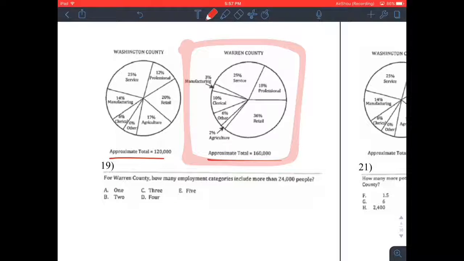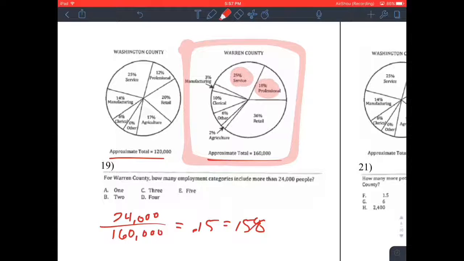We got all these percentages, so what we should probably do for this is figure out what percent 24,000 is of the 160,000. If we divide those, we're going to get 0.15, which is 15%. So how many of these are bigger than 15%? 1, 2, 3. So the answer is C, 3.